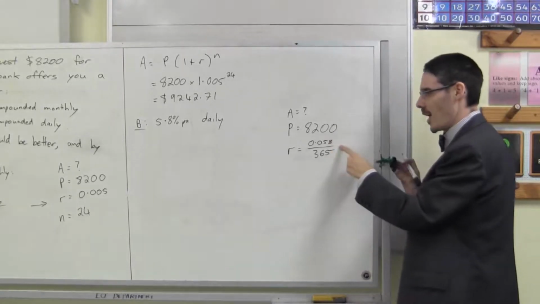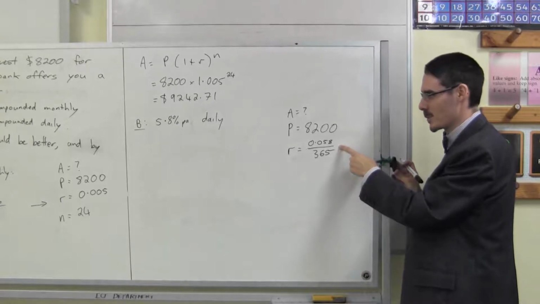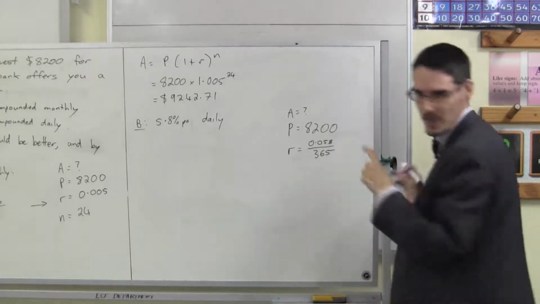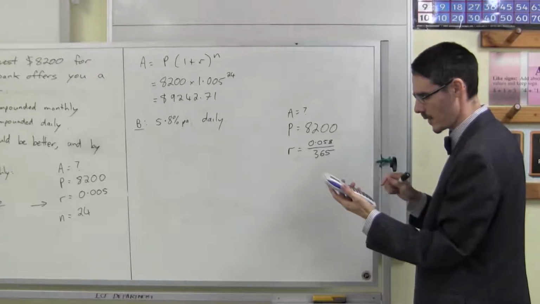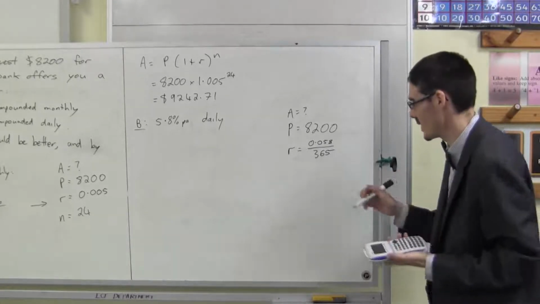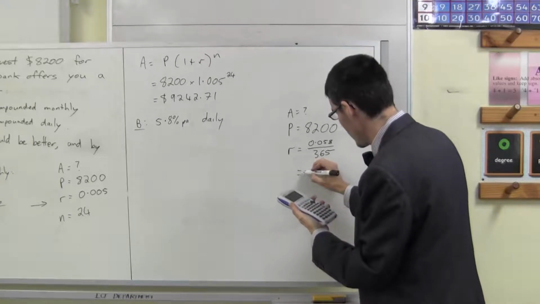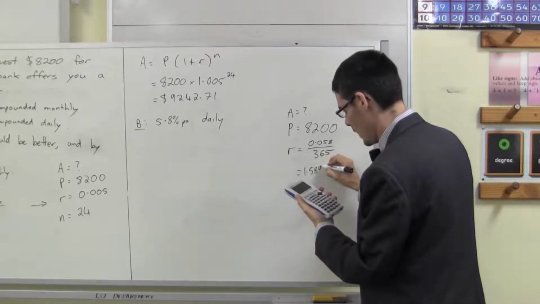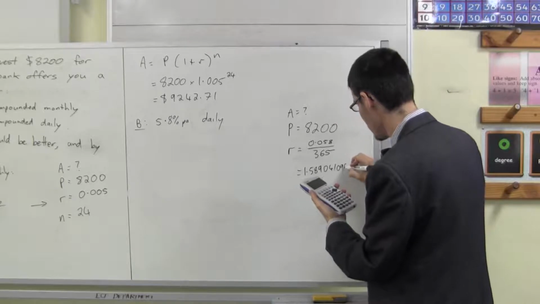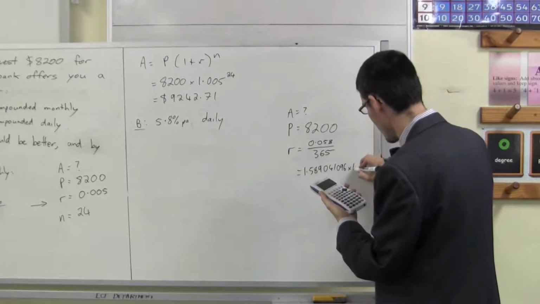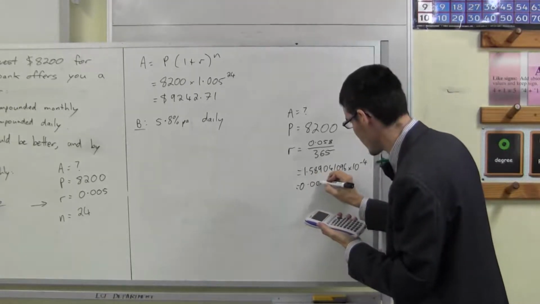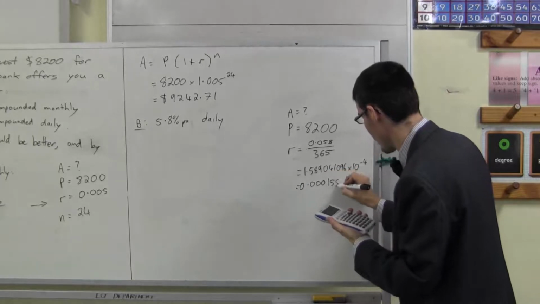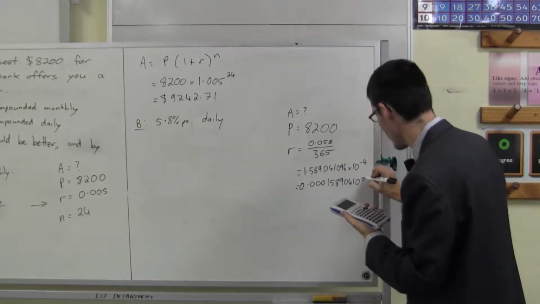So, I'm not going to write this number as an actual number, because if I do, I'll round off too much. Let me show you what happens. Okay? 0.058 divided by 365, and my calculator actually gives me a number in scientific notation. It goes 1.5890410996. It says E, which is times 10 to the power of -4, which means it's actually 0.0001589041096.